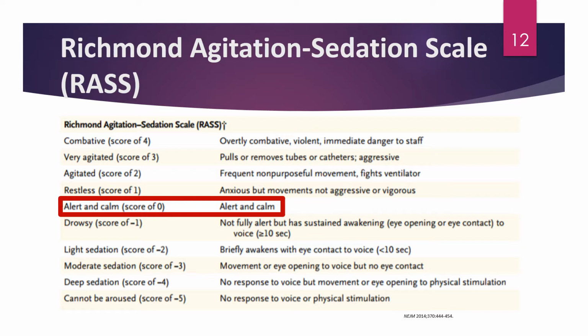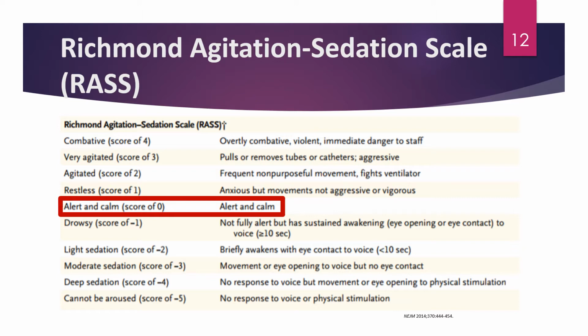Whenever we talk about light sedation, typically per the previous guidelines, which were the 2013 guidelines, they considered a level of light sedation to be 0 to -2. They actually include +1, or restless, in that, because they determined that a +1 or restless is also acceptable in regards to being at a level of light sedation.